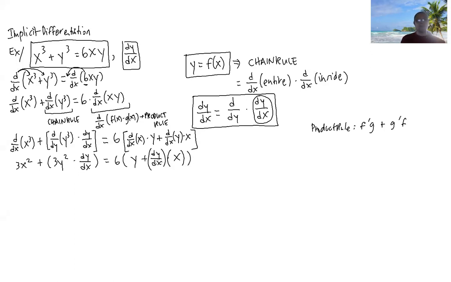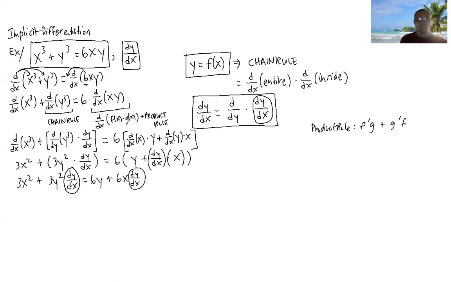All right, so let's simplify. 3x squared plus 3y squared dy dx is equal to 6y plus 6x dy dx, right? Because 6, we had to distribute it to the y and distribute it to the x dy dx term.